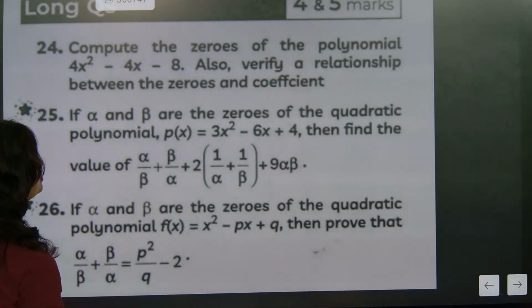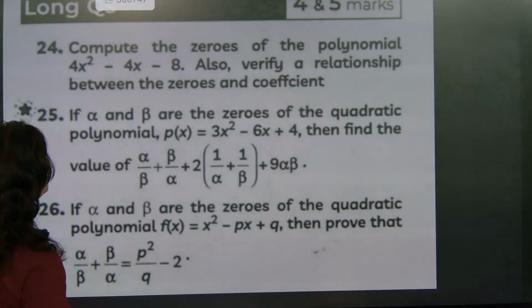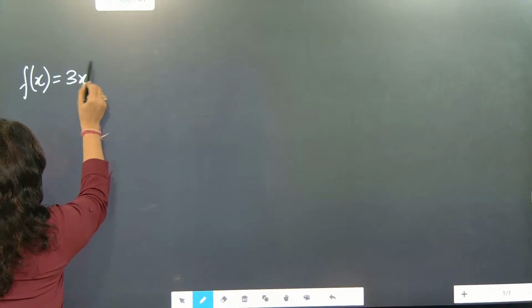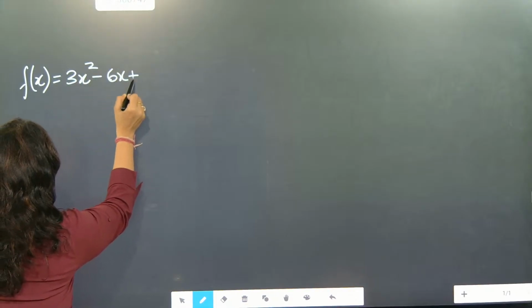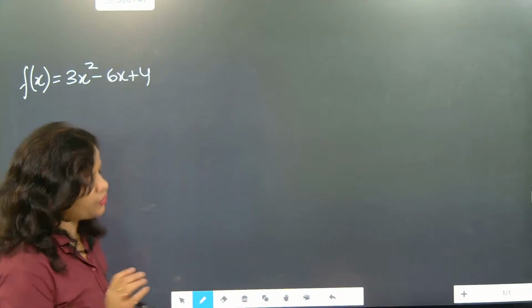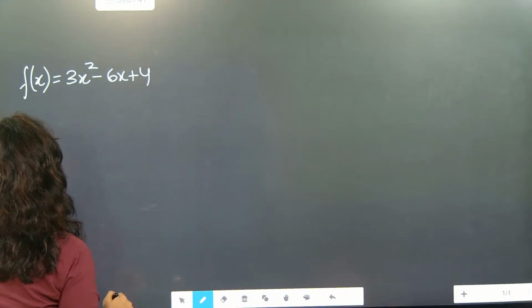The polynomial given to you is 3x squared minus 6x plus 4. Now, what other values are given?